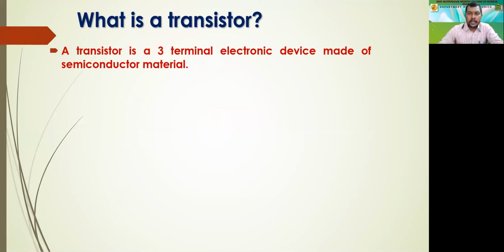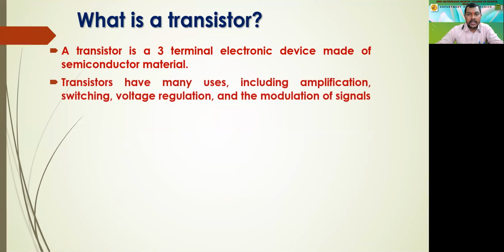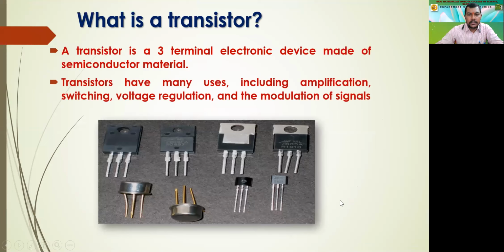A transistor is a three-terminal electronic device made up of semiconductor, where one extrinsic semiconductor is sandwiched between the other type of semiconductor to form three layers. And these are the different packages. These are some of the applications of a transistor, which include amplification, switching, voltage regulation, and the modulation of signal. Modulation means changing the signals, right?